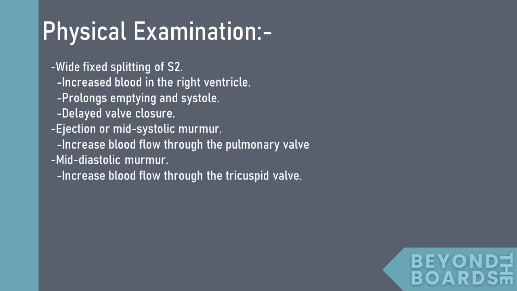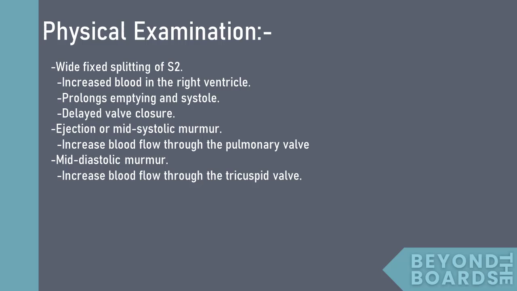During the auscultation of a person with an ASD, the most important auscultatory finding is a wide fixed splitting of the second heart sound. Now, normally during inspiration, the pulmonic valve closes a little later than the aortic valve due to increase in venous return, leading to splitting of S2 during inspiration.